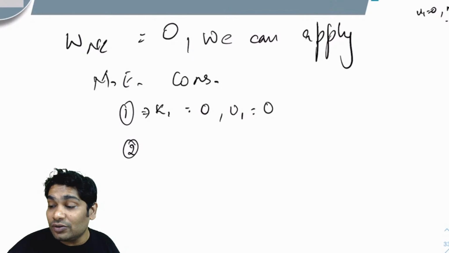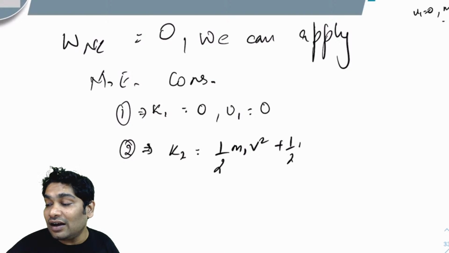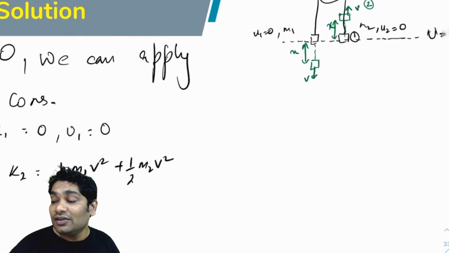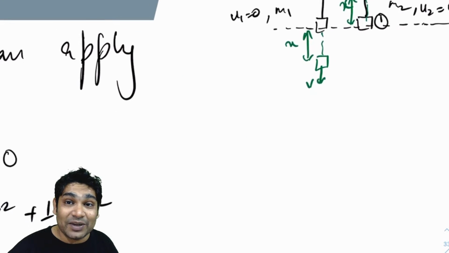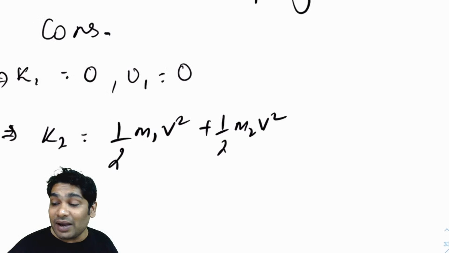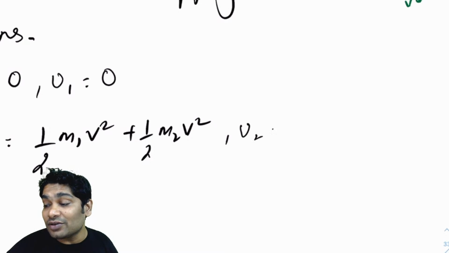How about my condition 2? In condition 2, I can write my K2 as half m1 v square plus half m2 v square. Why? In my situation 2, both my masses are moving with the speed v, right? So this will be my kinetic energy in situation 2. What is the potential energy in situation 2?